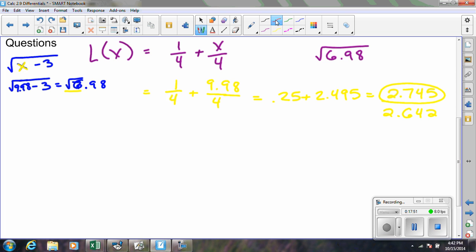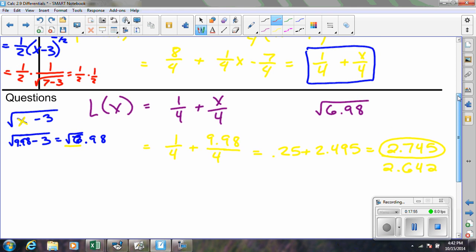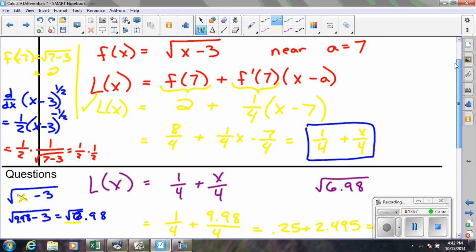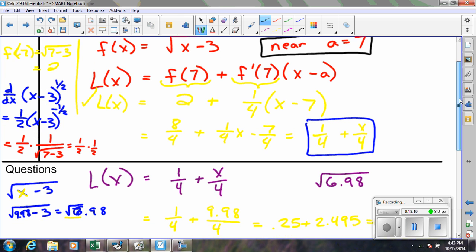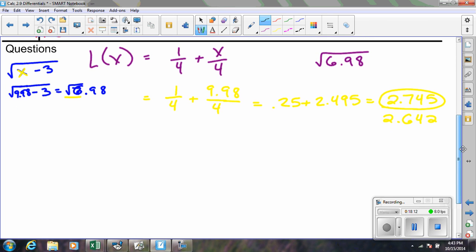Why aren't we getting a better answer? The answer still lies in our linearization. We said this is true near values of a equals 7. That's telling us when we go down here to actually use it, the closer a number is to 7, the better off our approximation will actually be.